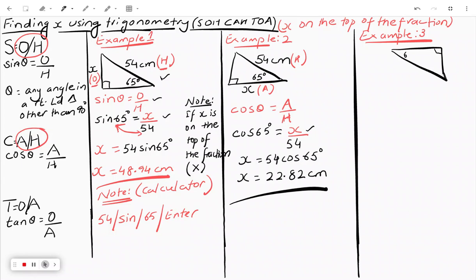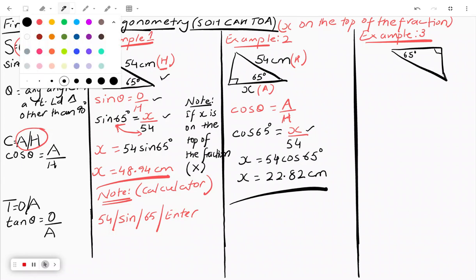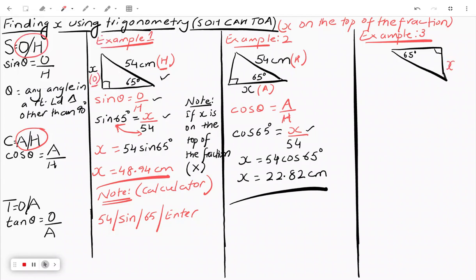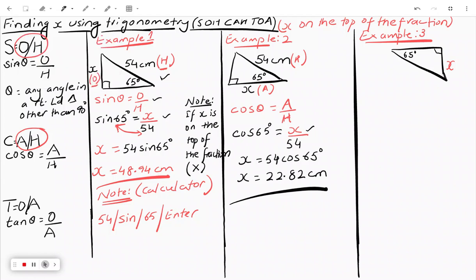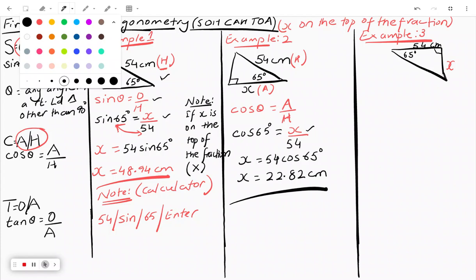My 65 goes up on the top this time, and my x goes opposite 65 here, right? And my 54 is going to be somewhere in here, 54 centimeters.